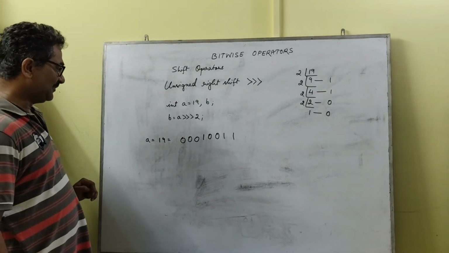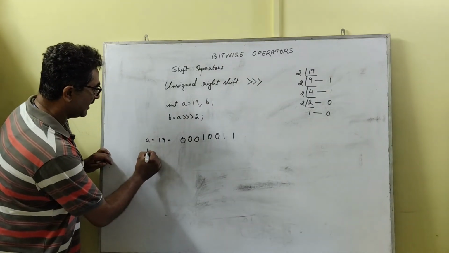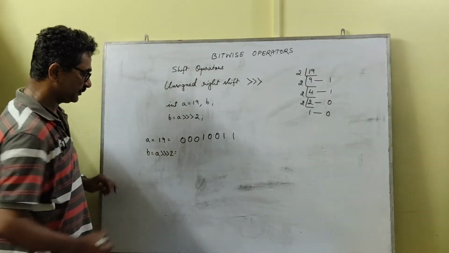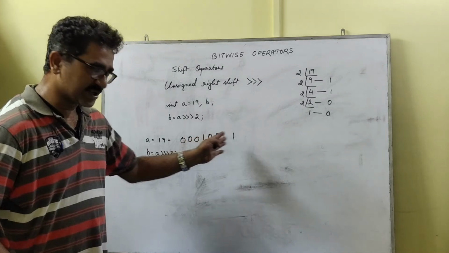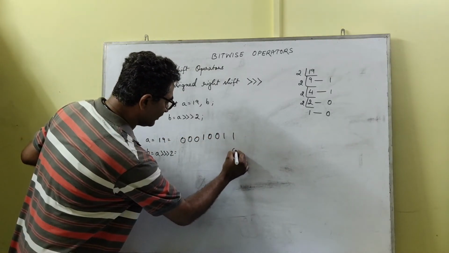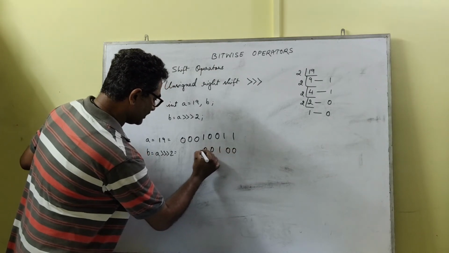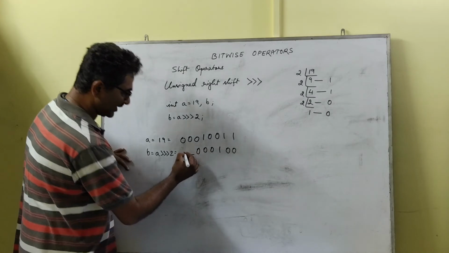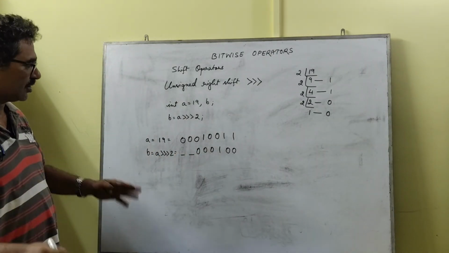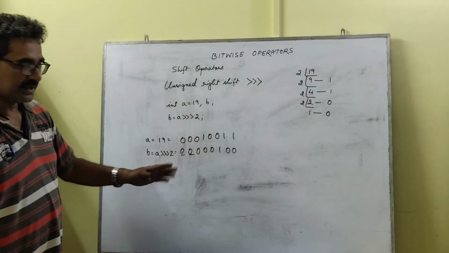Okay, so now B equal to A unsigned right shift 2. From the extreme rightmost end, we are going to remove 2 bits, and we are left with 0, 0, 1, 0, 0, 0. And this time we have 2 vacated spaces. Since it is unsigned, irrespective of whether it is a positive or negative number, it will always get filled up with 0. That's it.